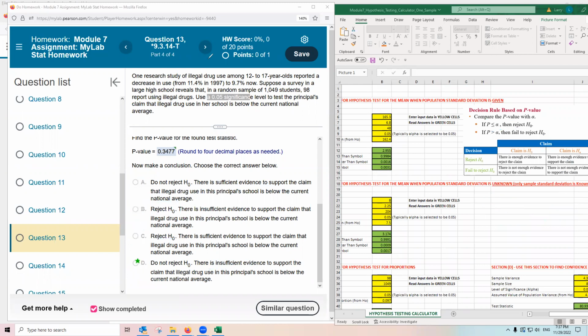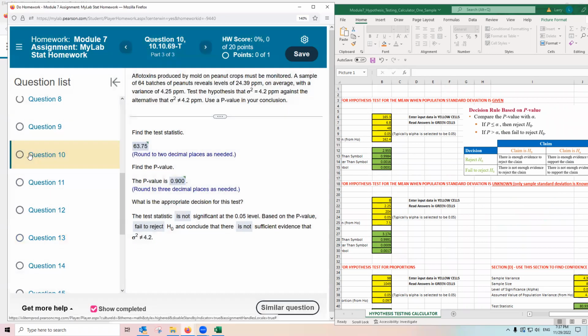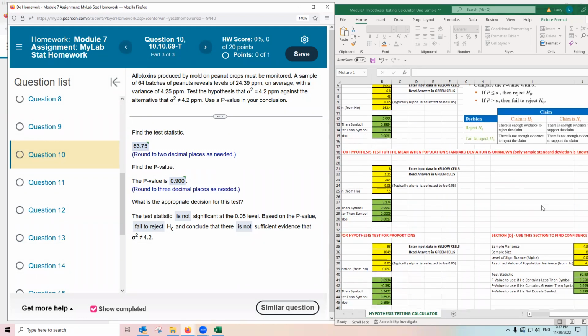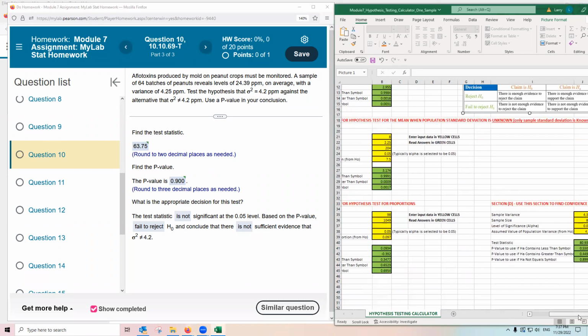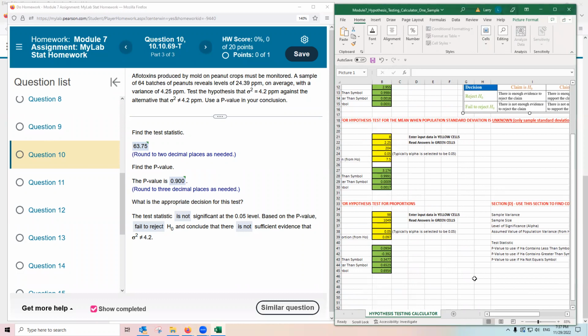All right. Folks, let me do one more example. Let's come to this one because this one is a hypothesis test for a variance. So let's take a look at this one. Let me move this over a little bit.